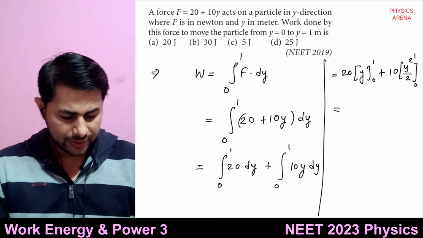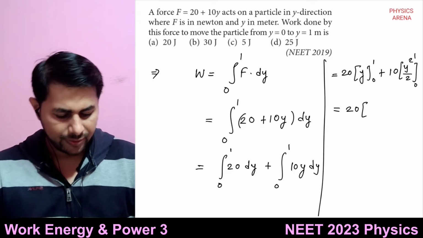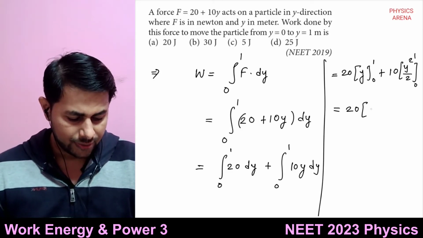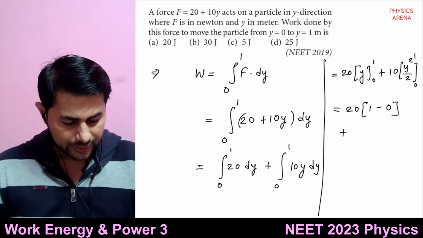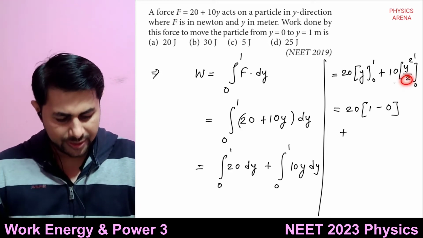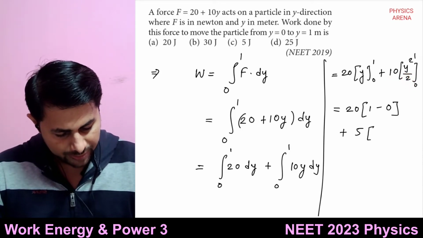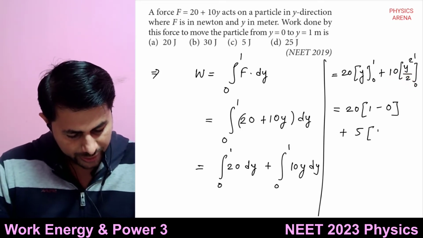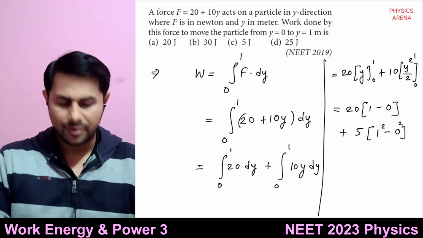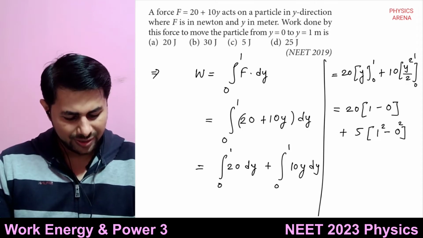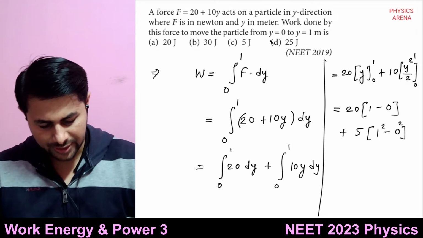So how much is this? Substitute the upper and lower limits. So 20 times y, when y is equal to 1 minus y equals 0, plus you can divide by 2, so it is 10 by 2, 5. So 5 multiplied by 1 square minus 0 square. So how much is the answer? 20 plus 5. 25 joules is the answer.